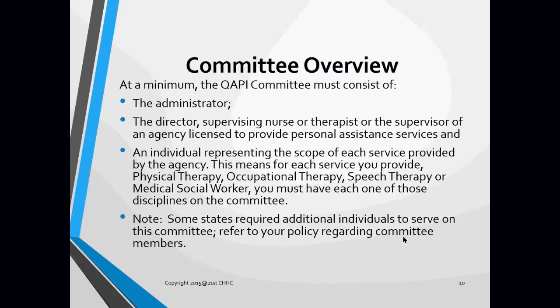It might be your agency manager. Also on the committee, you're going to want to have at least one individual that represents each scope of service that you provide. So if you're providing nursing, you would have a nurse, physical therapy, OT, speech, MSW. Again, each one of those disciplines needs to be on this committee.